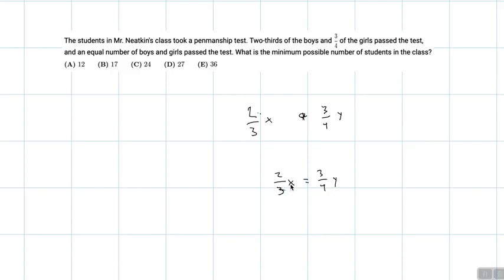If X is 3, well, maybe if we read it like this, multiply both sides by 4/3, then we get 8/9 X equals Y. Minimum possible number of students.